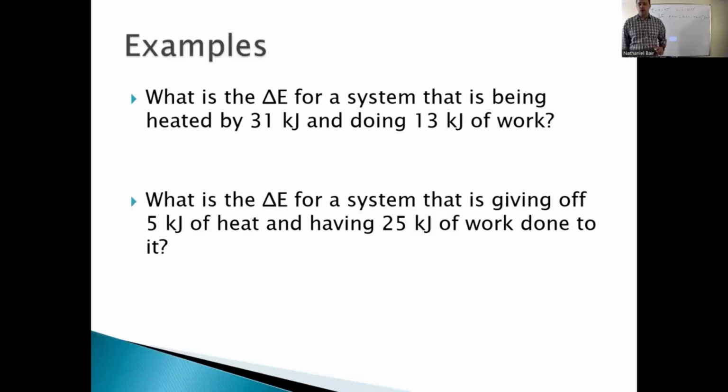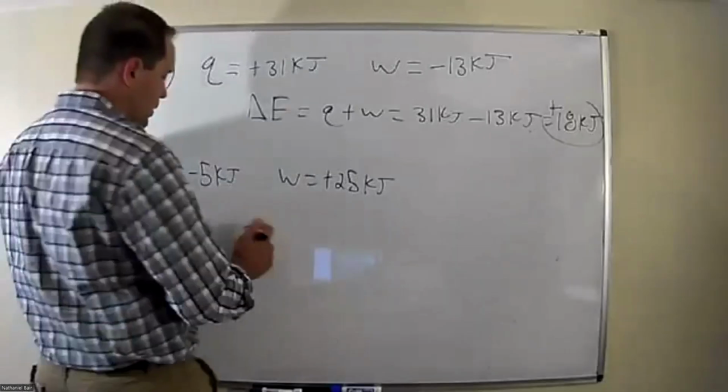So this next one, what is the change in energy per system that is giving off 5 kilojoules of heat? So now we have a Q that is a negative 5 kilojoules. And it's having 25 kilojoules of work done to it. So now the work is a positive 25 kilojoules. So here we go.